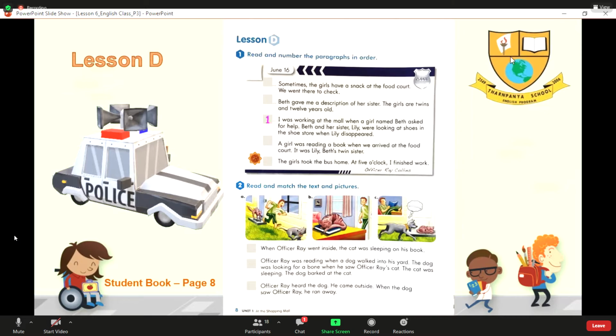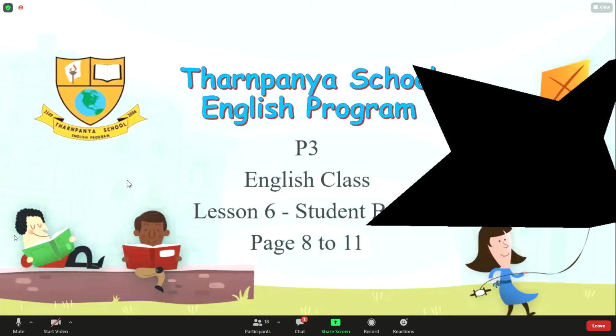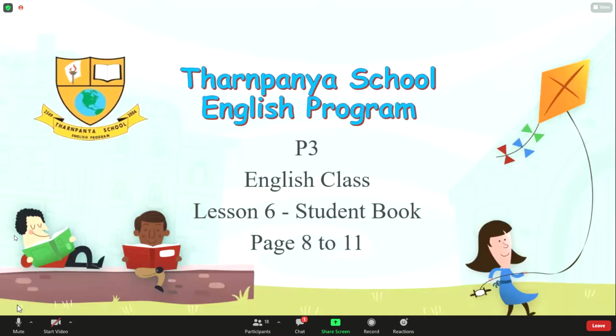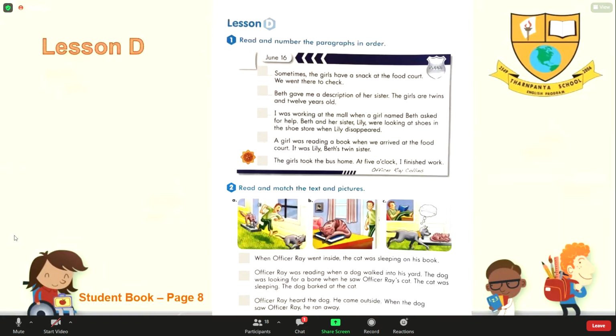I'm going to read it in the right order, and what you need to do, let me use the pointer here, is to write the number in the right order in these boxes over here. Okay, now I can change to the pointer.